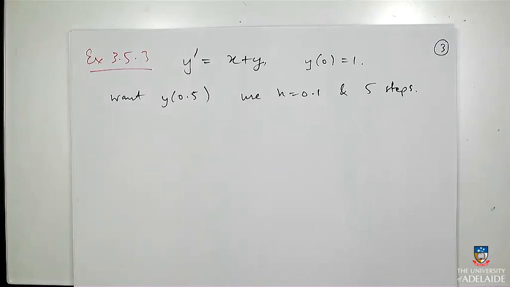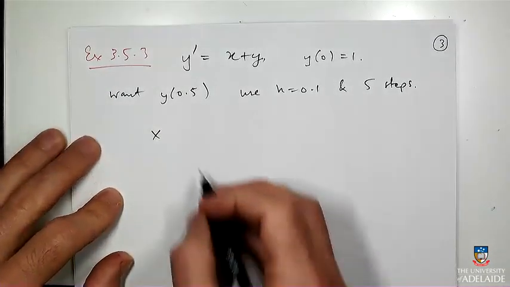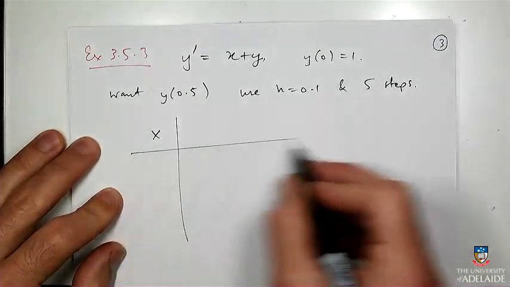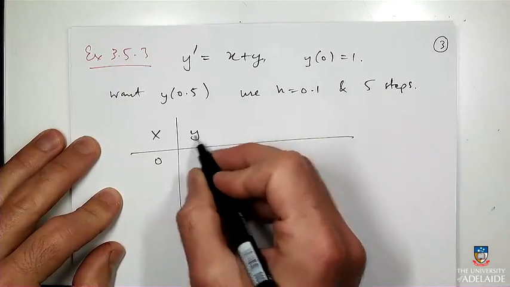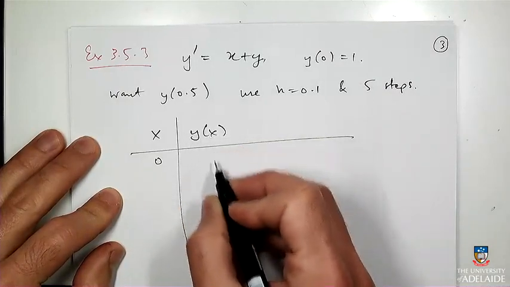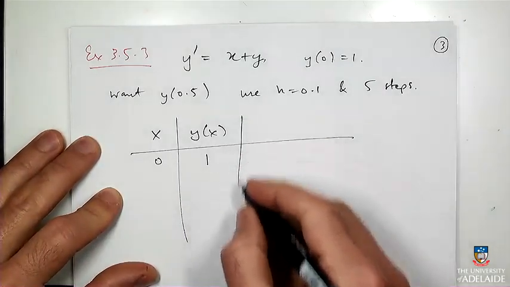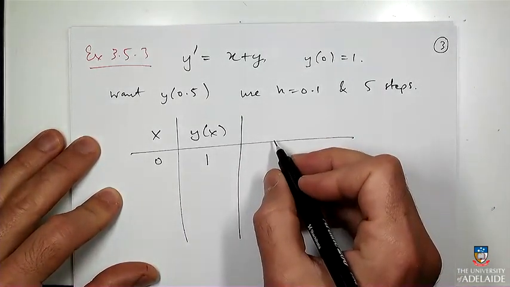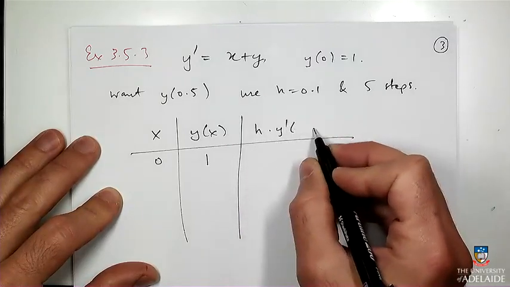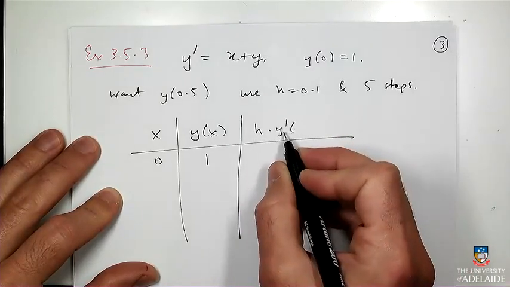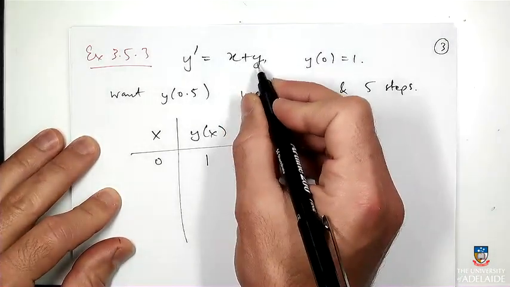Okay, so let's set it out the way that we had before. So here's the value of x. It's going to start at 0 because that's what we know. Here's y at that point. We know that's 1. So that's the information we have. Then what we need is y dashed. So let's do what we did before and we'll write it as h y dashed. But this time, it's not just y dashed of x, because y dashed depends on x and y.